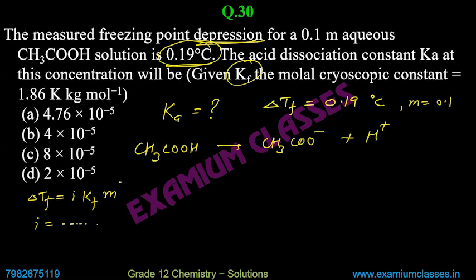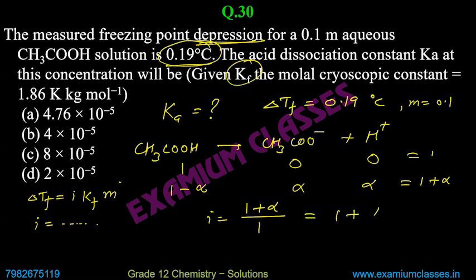And from this equation also, if it is 1, 0, 0 here, and after the situation 1 minus alpha, or say x, whatever, if you want to do alpha and alpha, that is after it will be 1 plus alpha, before it was 1. So i from here will be 1 plus alpha after divided by before, that is 1 plus alpha. And 1 plus alpha you will equate to this value, both i you will equate, and you will get the value of alpha.